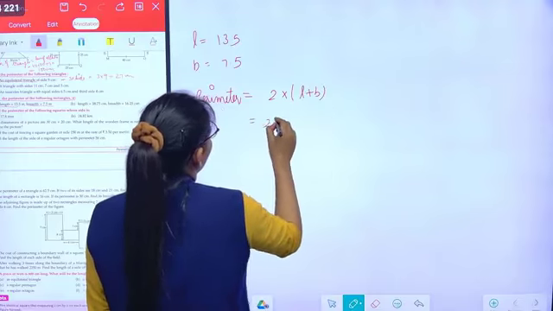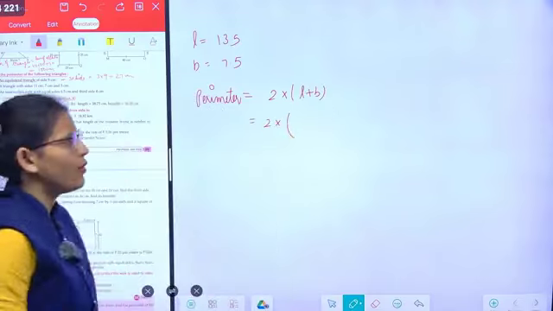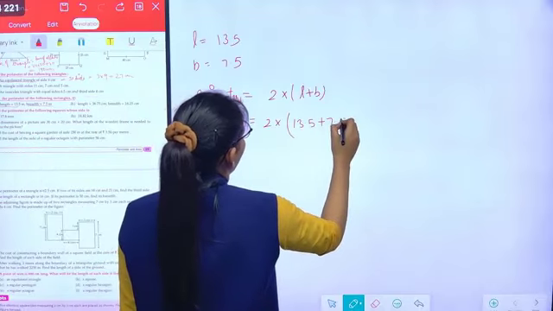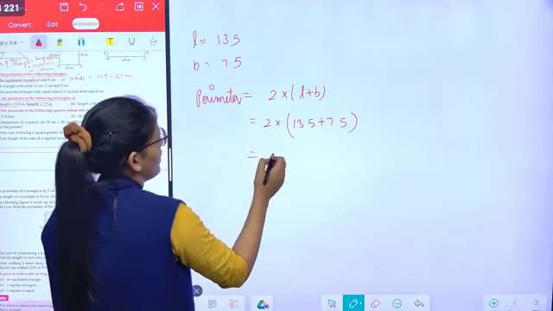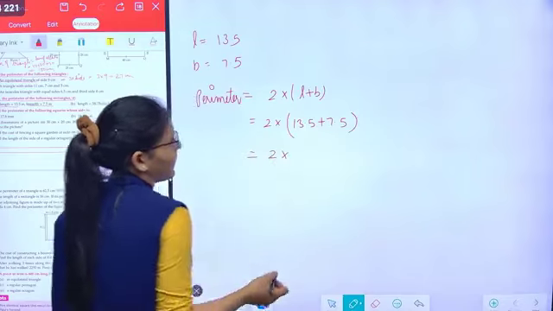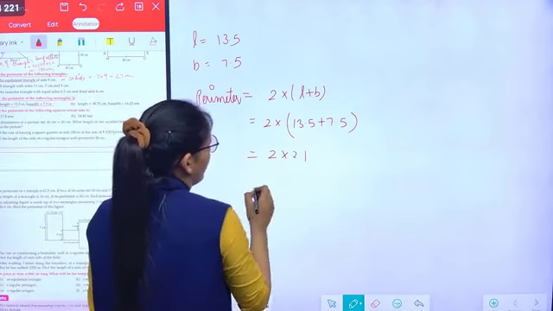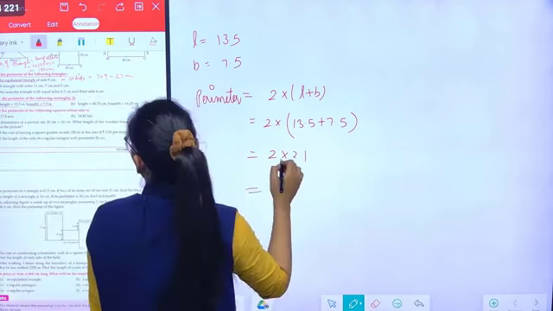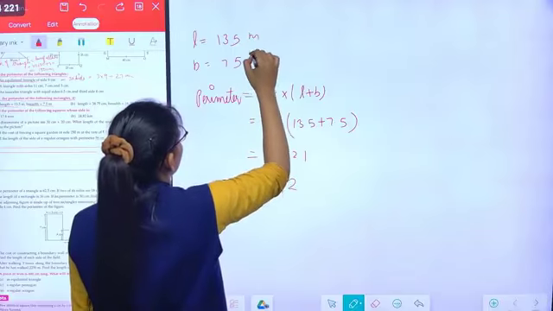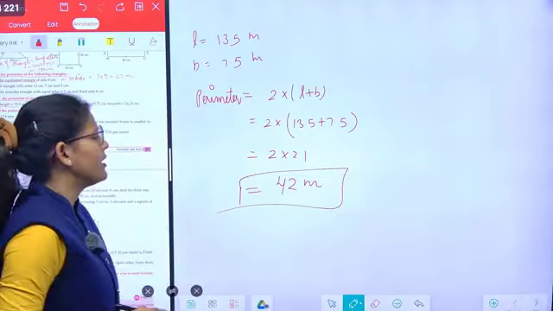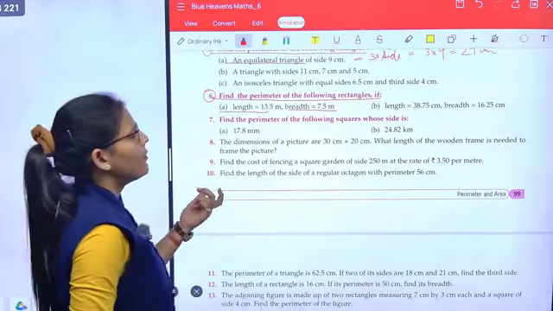Now class, 2 multiply 13.5 plus 7.5. Now class, 2 multiply 13 plus 7, 20 plus 1, 21. Now that is 42 meter. Understand class? Rest of the part, do yourself.